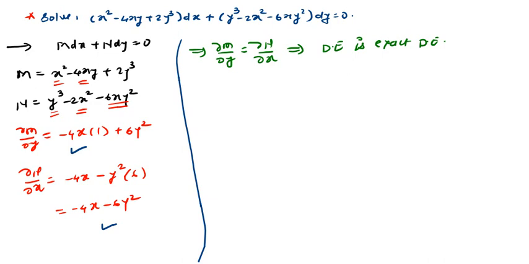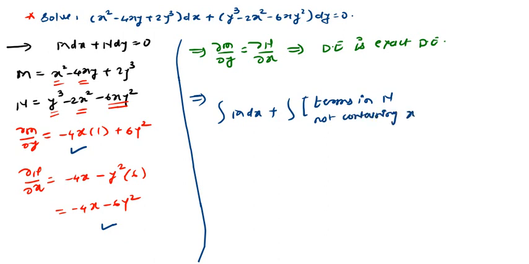Now, once it is an exact differential equation, we can find its solution just by taking the integration of M dx plus the integration of terms in N not containing x dy equal to constant. So this will be integration M dx.